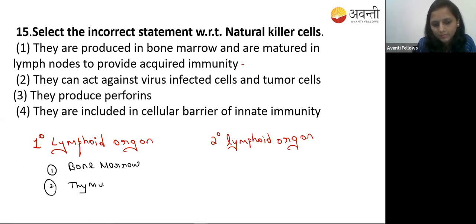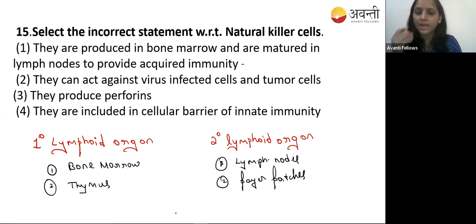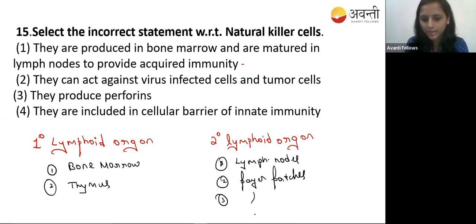Then coming to the secondary lymphoid organ, the lymph nodes and Peyer's patches will come. And the spleen also comes under the secondary lymphoid organ only.